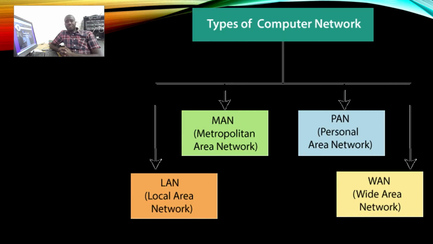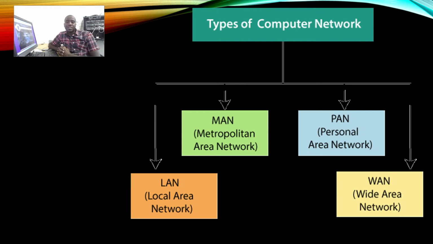Right, now let's look at the types of computer networks that we have. So we're going to narrow them down to four, but there are so many different types. But for our scope, or according to our syllabus, we'll be required to know these four. Starting with the most popular one, the local area network, abbreviated as LAN.